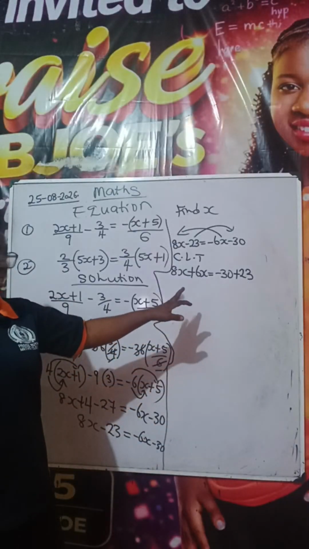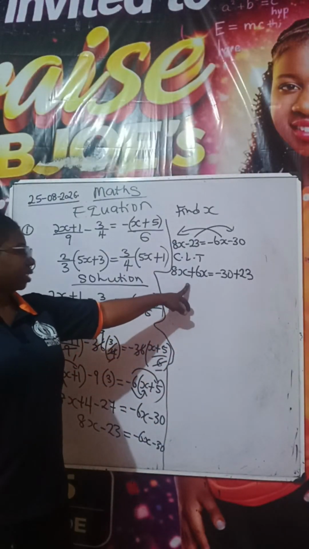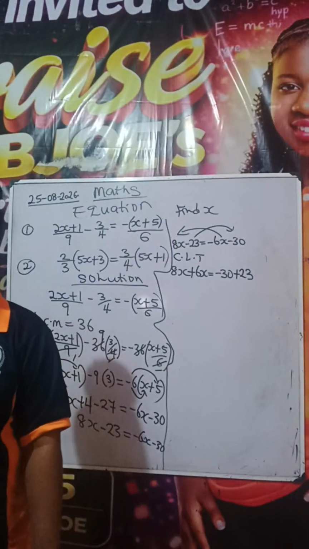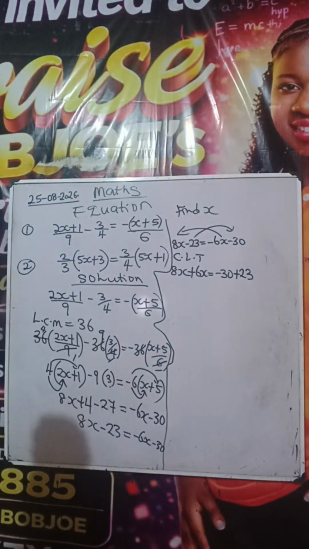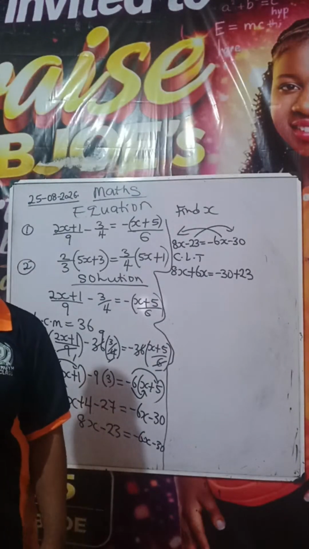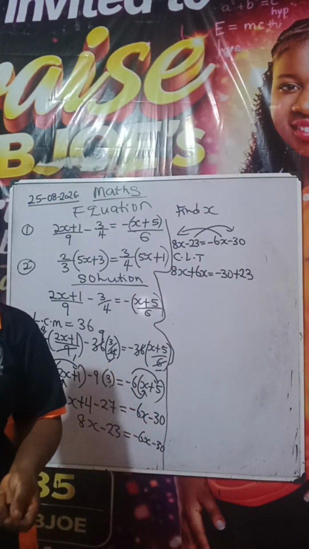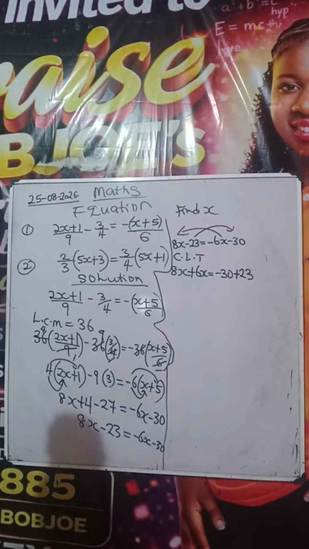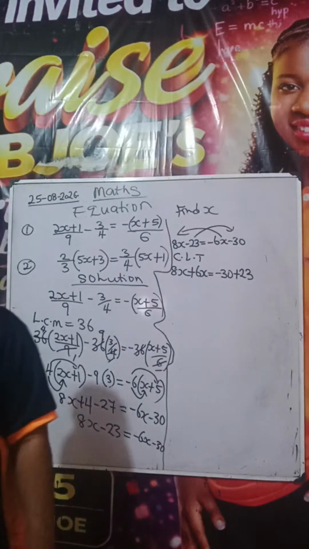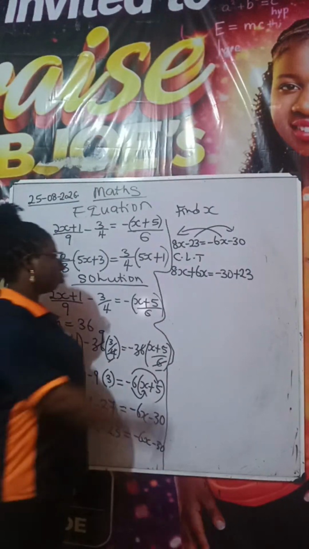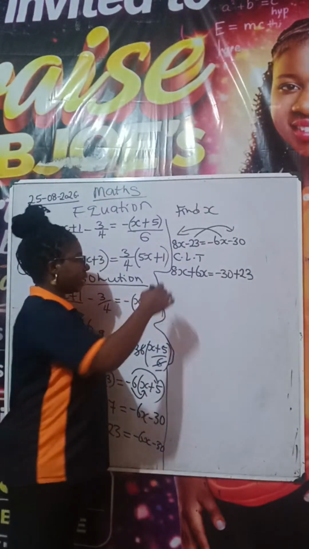Now look at it. 8x plus 6x. What do we have? 8x plus 6x will give us how many? We have 14x.